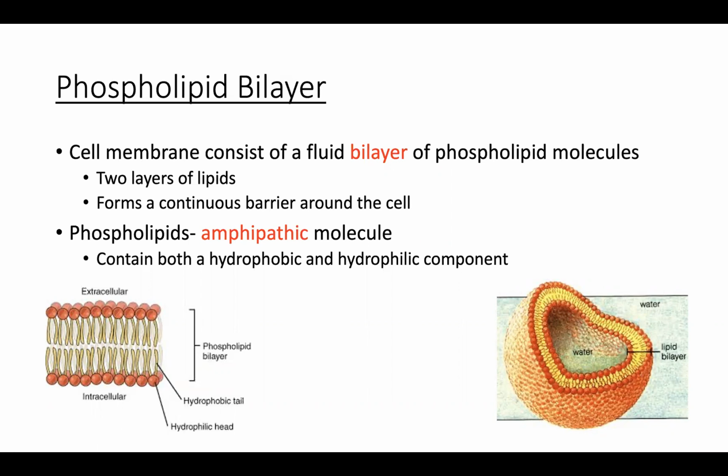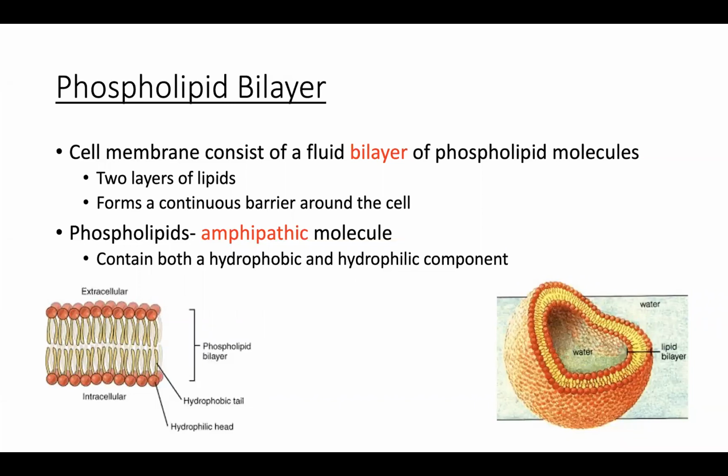You should certainly be able to describe in a general sense the structure of a plasma membrane, telling me that it's a phospholipid bilayer. I think some of your textbooks are still referring to it as a fluid mosaic. This isn't a static structure.